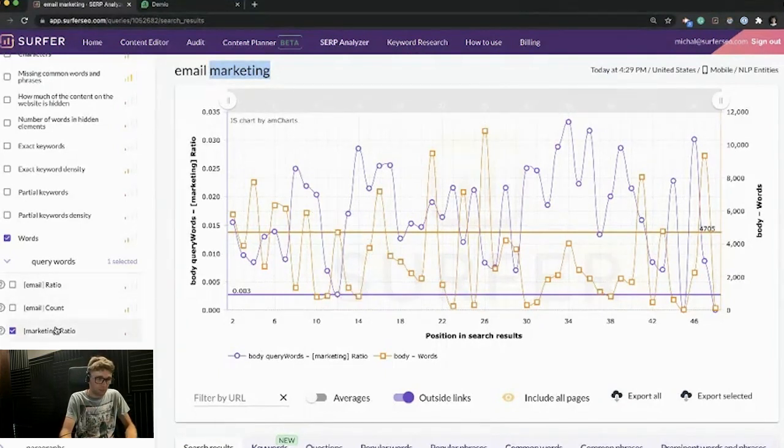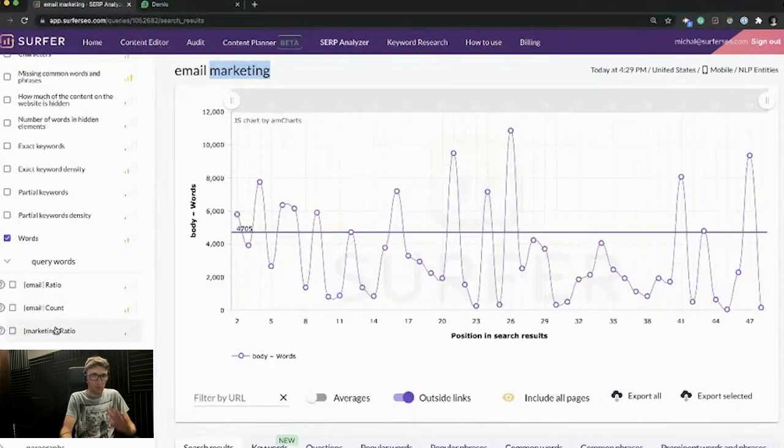Let me clean this out. You see, this is length. We are definitely on the spot, a little shorter than the longest, a little longer than the shortest. In the top 10 in general, we are on the sweet spot. It could be slightly shorter, it could be slightly longer. That's okay.